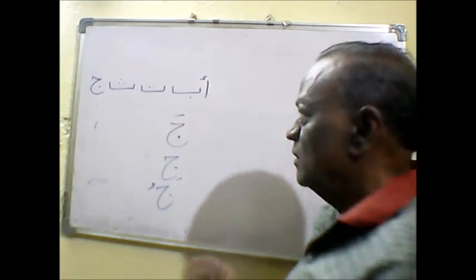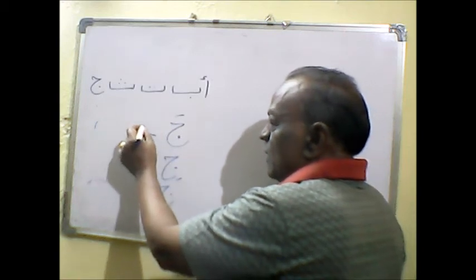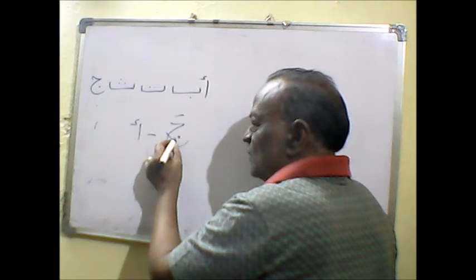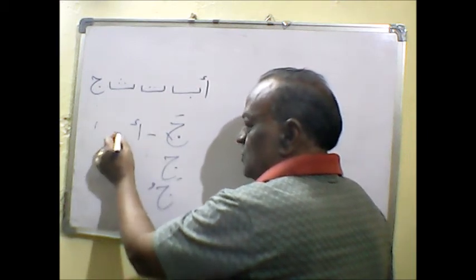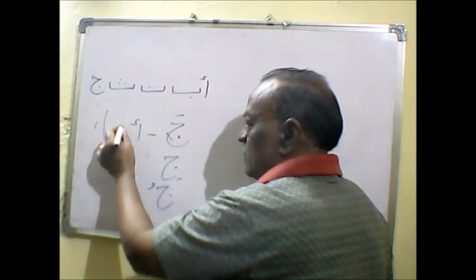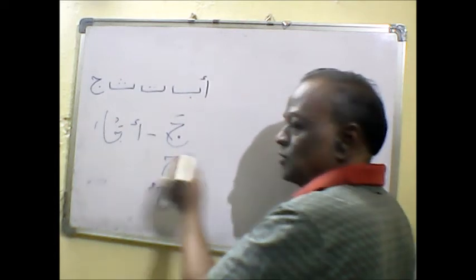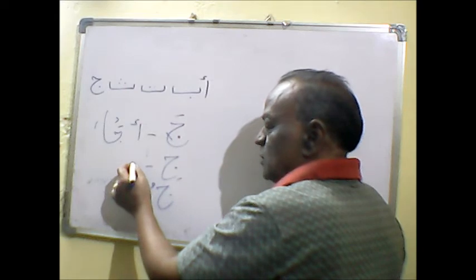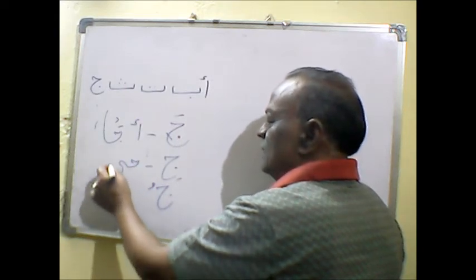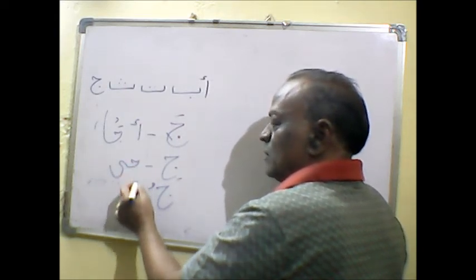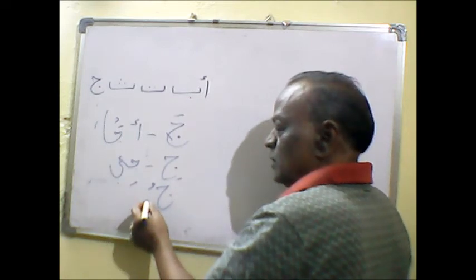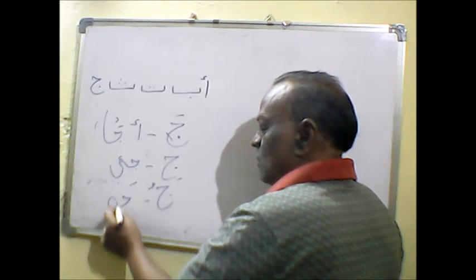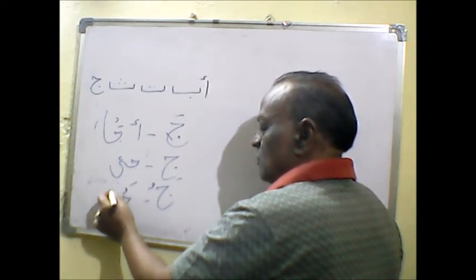What is a long sound? The same way I said, if you add alif here, it will become jaa. With the sukun, we give the jaa sound. Then the other one, kasra is here, so ji, yaa being added here, just like the previous one. Jii. This one is part of the jim, waw, with the sukun.